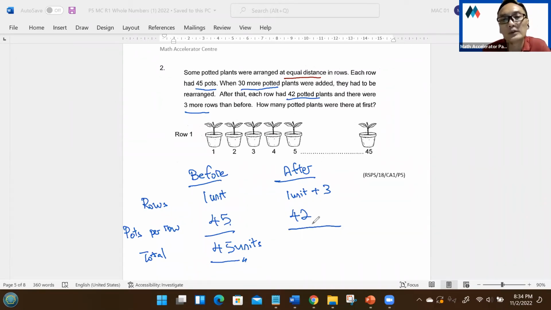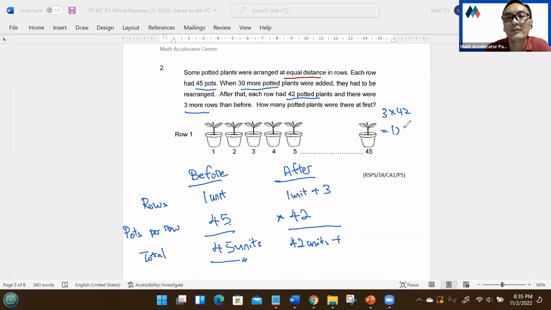So the next thing is we need to do a multiplication also, right? But now you have multiplied 2 things. So here is 1 unit times 42, we have 42 units. And then, can you help me multiply 3 times 42? Can you do a quick calculation for me? 126.